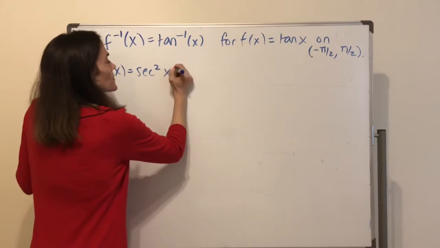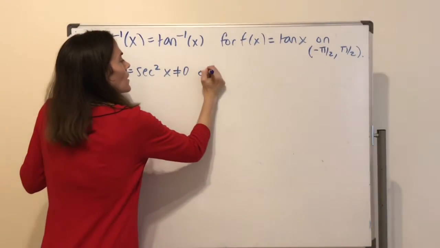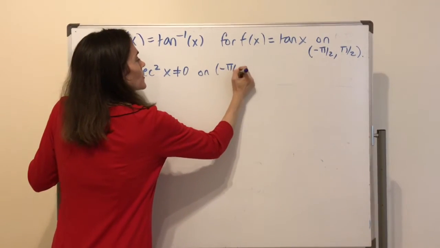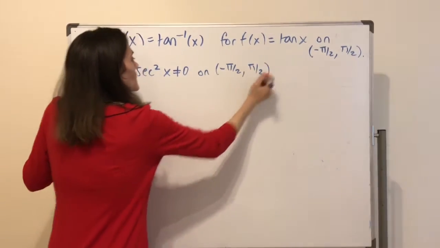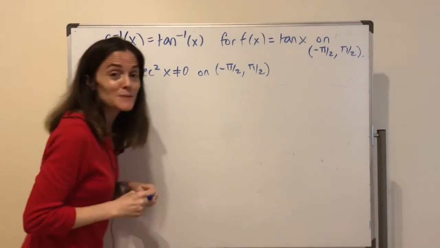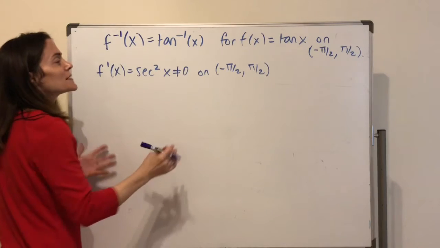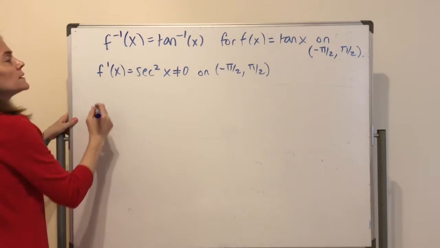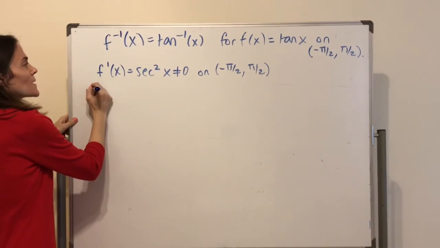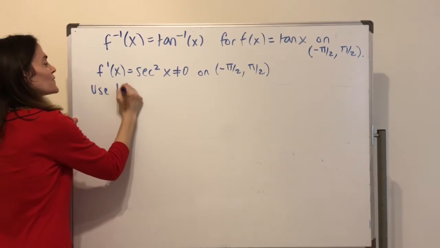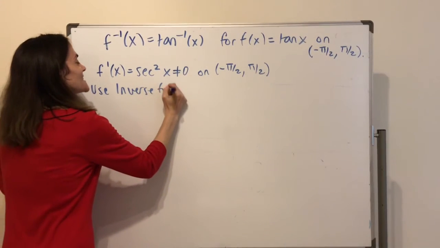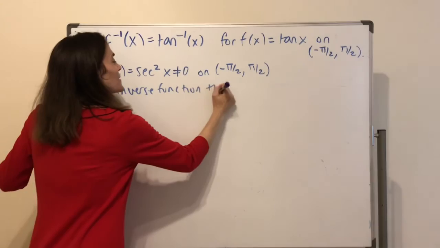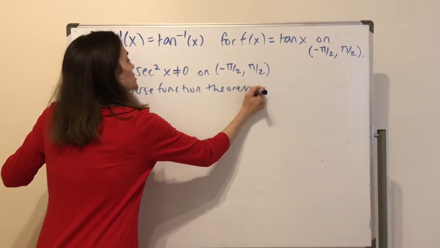So it's never 0 on this open interval. Okay? The secant is always positive, so certainly secant squared is, but in particular it's never 0. Okay, so then we may use the inverse function theorem. And what do we get?